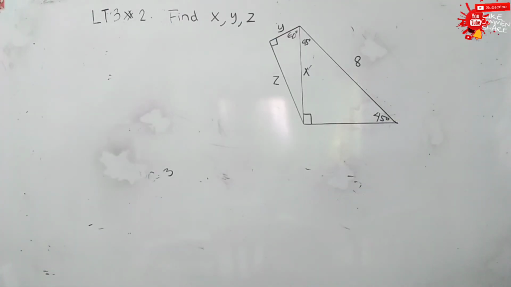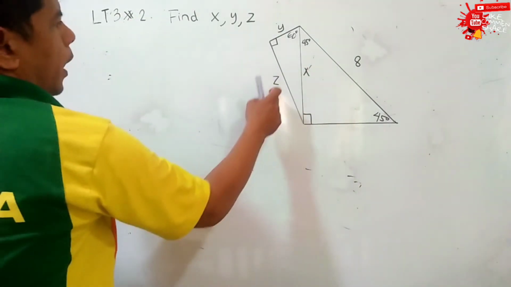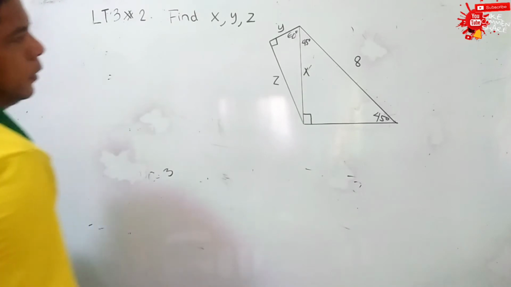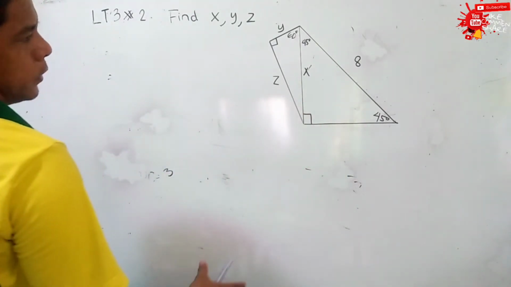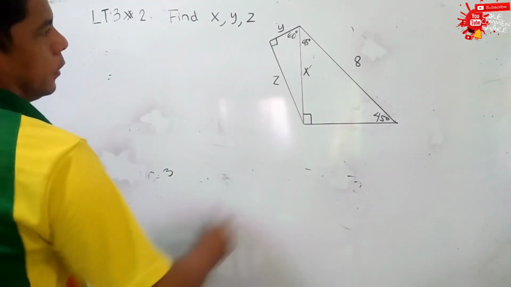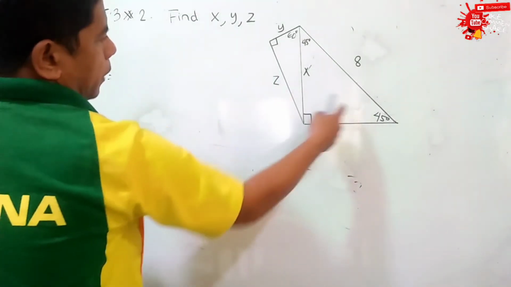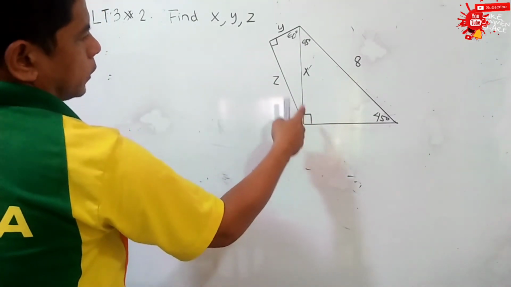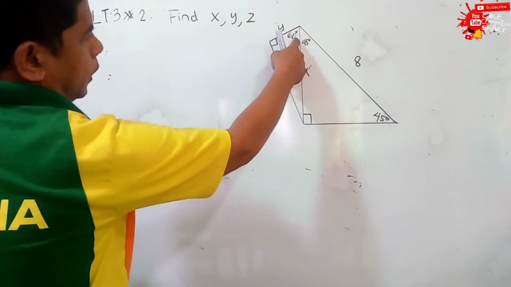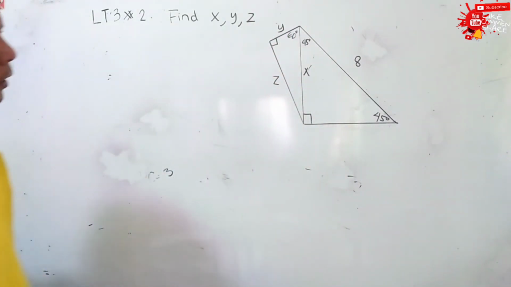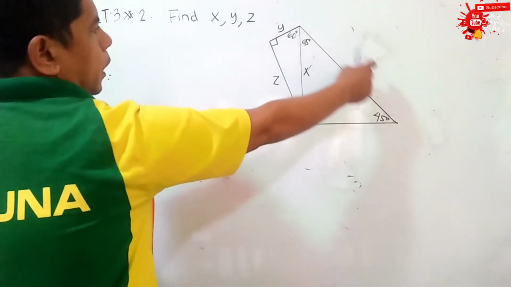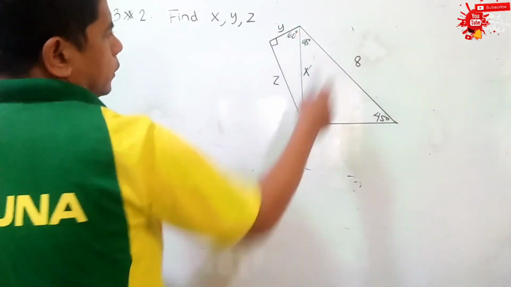Okay. So, learning task 3 number 2, find X, Y, and Z. So, in this case, meron tayong dalawang triangle. Isang triangle na 45, 45, 90. At saka meron tayong 30, 60, 90 degree. So, ang given natin, itong sa may hypotenuse na 8.